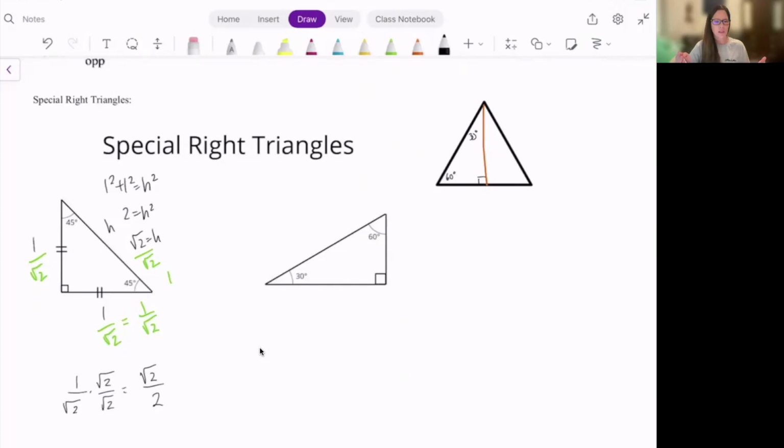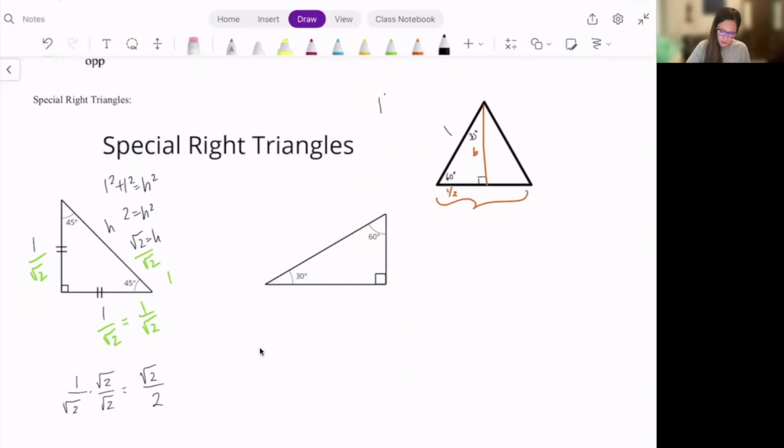Again, let's imagine I'm dealing with a unit circle, and I have a side length of 1. That means when I cut this base piece in half, that's going to be a side length of a half. I have to figure out what the bisecting leg is.